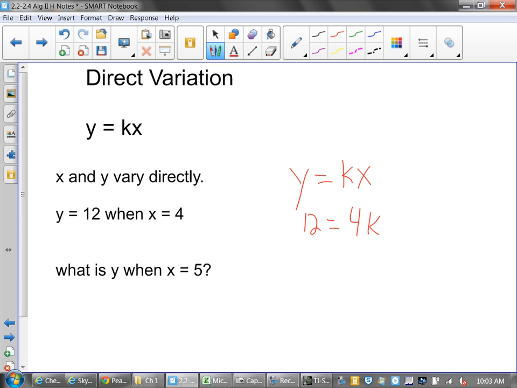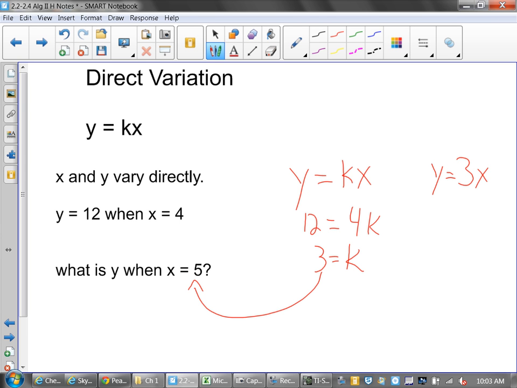What's k equal to in that first part? 3. So what you're doing is solving for the k value to reuse here. That k value allows you to figure out the generic equation, y equals 3x. There's your slope. Your slope is 3.